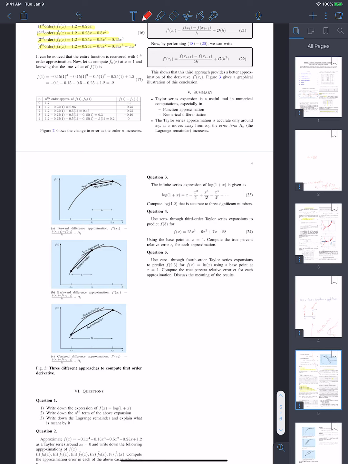The first one is called forward difference, the second one is called backward difference, and the third one is called centered difference approximation. This will also be revisited later, but I would encourage you to read the book on this topic to get some more insight. The book has a lot of examples on these different ways to approximate a derivative.